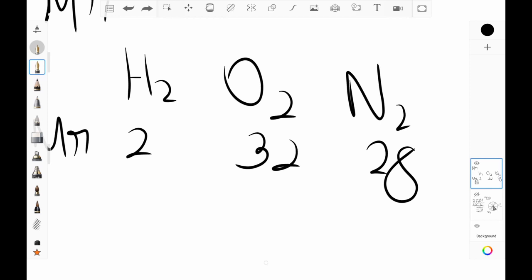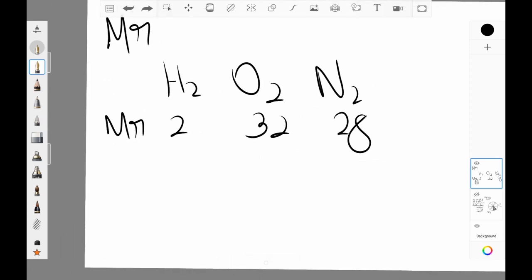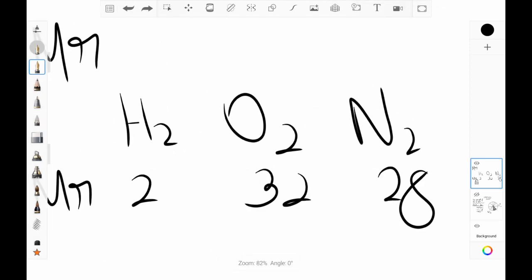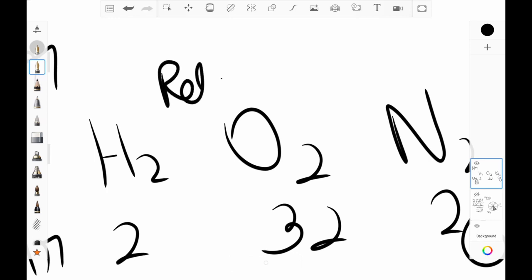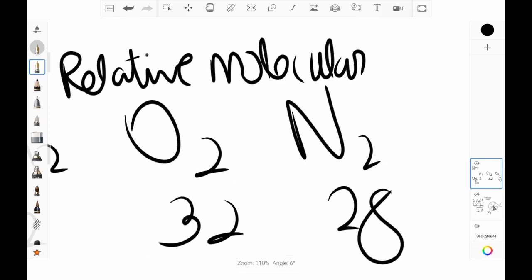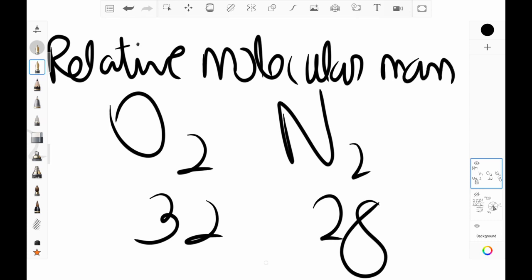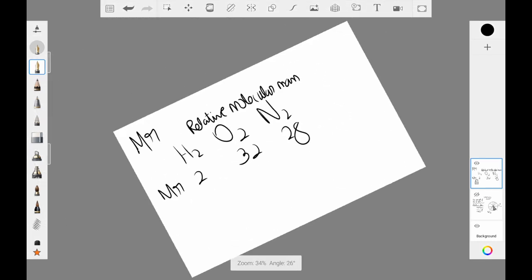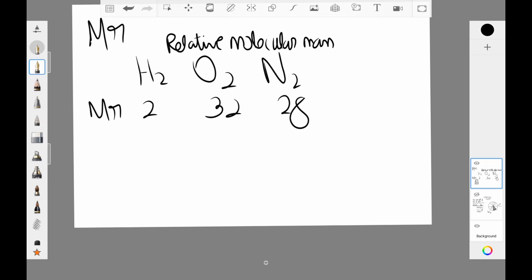An oxygen molecule is 32 times heavier than 1/12 of a carbon atom, and a nitrogen molecule is 28 times heavier than 1/12 of a carbon atom, etc. And this is applicable to diatomics, relative molecular mass. Let me write that down. Relative molecular mass. Right. There's also relative formula mass, which is also MR, and this has to do with compounds.